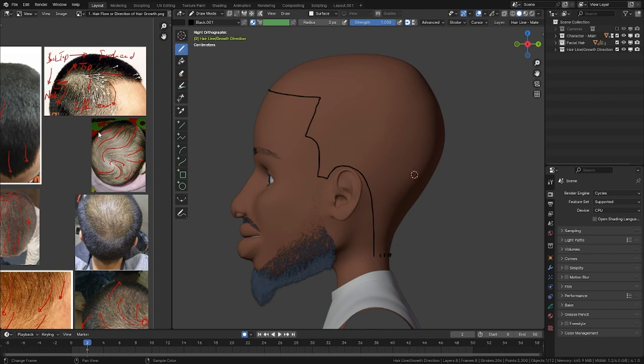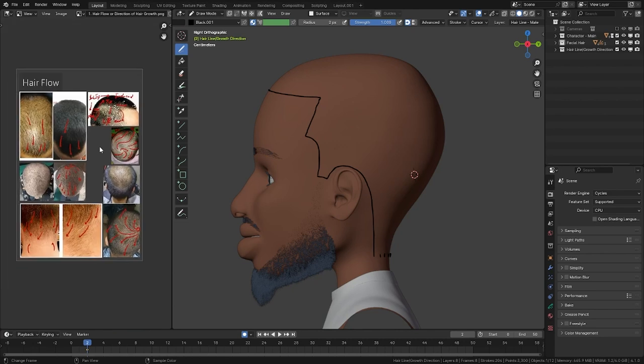But when you rub your head from back to the forehead, you won't experience resistance. So this is how the hair flows from back to the forehead. And when you rub your hair from the neck to the top of your back head, you will experience resistance. But when you rub your hair from top back downward to the neck, you won't experience resistance, the same as to the left and right ear. So this is how the hair flows.